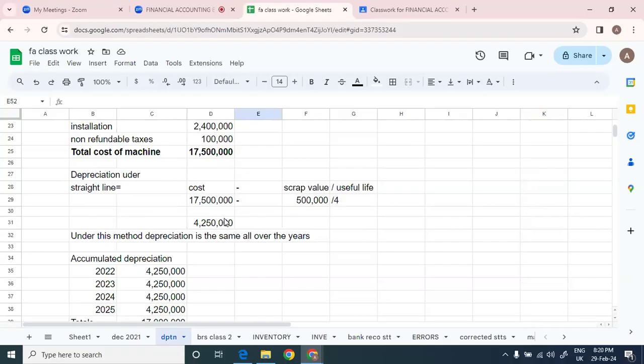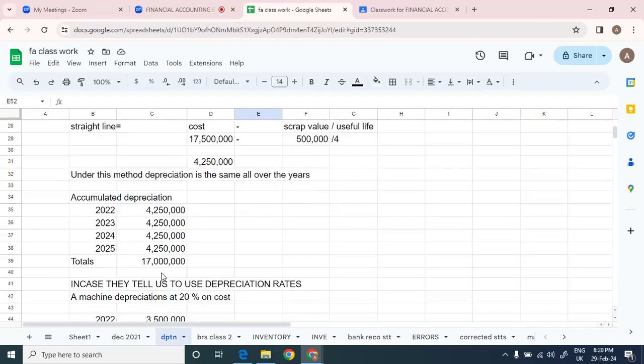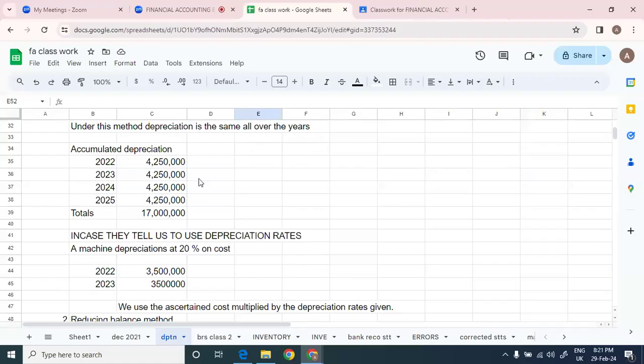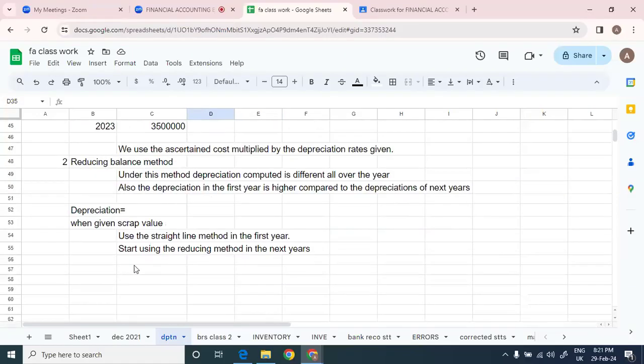Yes, sir. So in the first year, compute, and you show that the depreciation in the first year is 4,250. When you come to the second year, I'm going to start on the second year.